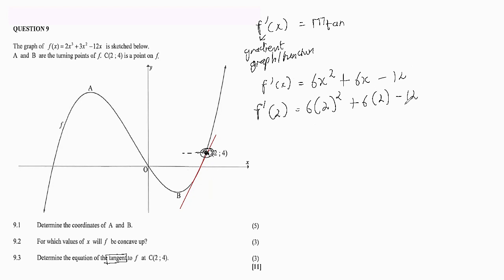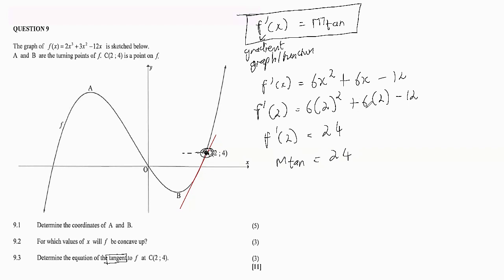Note that I'm substituting in the gradient function because I want to find the gradient at that point. Then f prime when x is 2, I'm getting 24. So that means the gradient of the curve at this point is 24. But since the tangent is in contact with the curve at that same particular point, that means also the gradient of the tangent at that point is equal to 24.